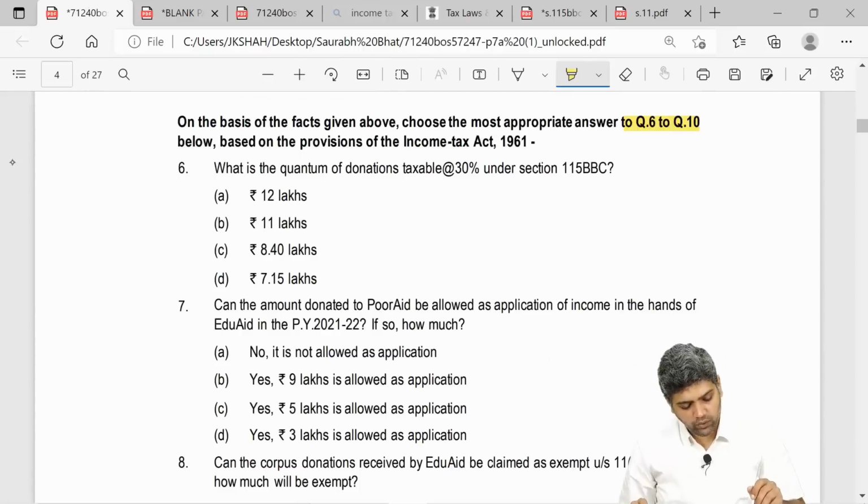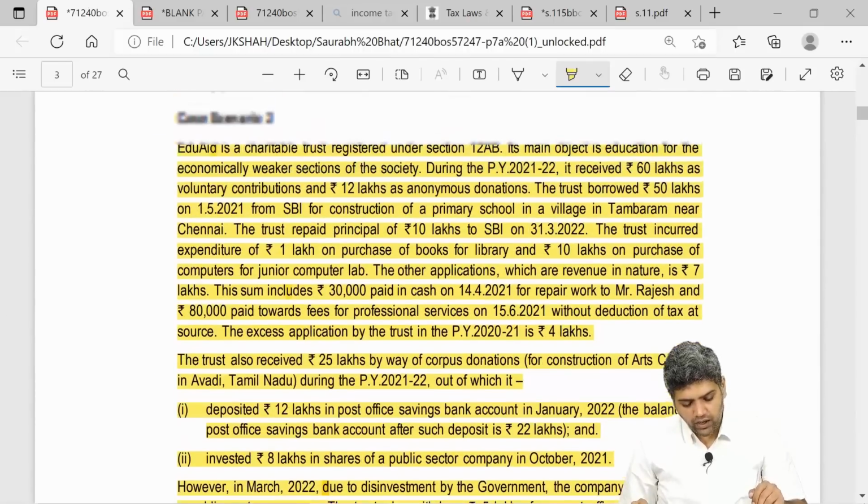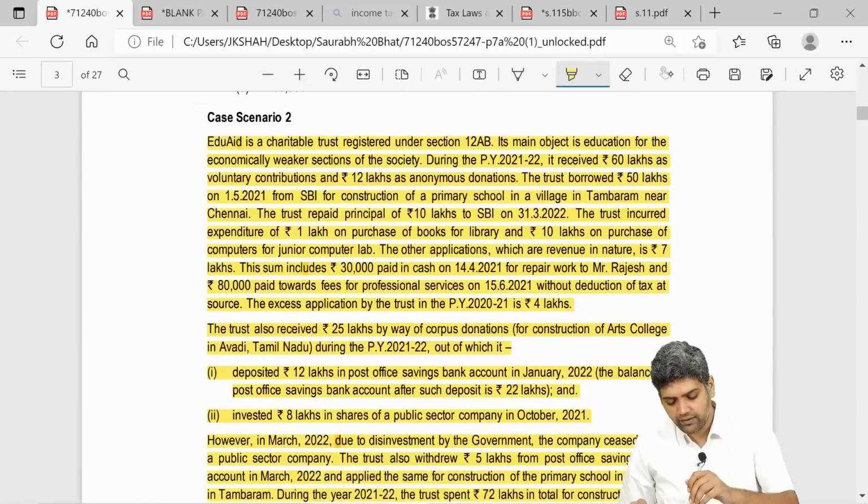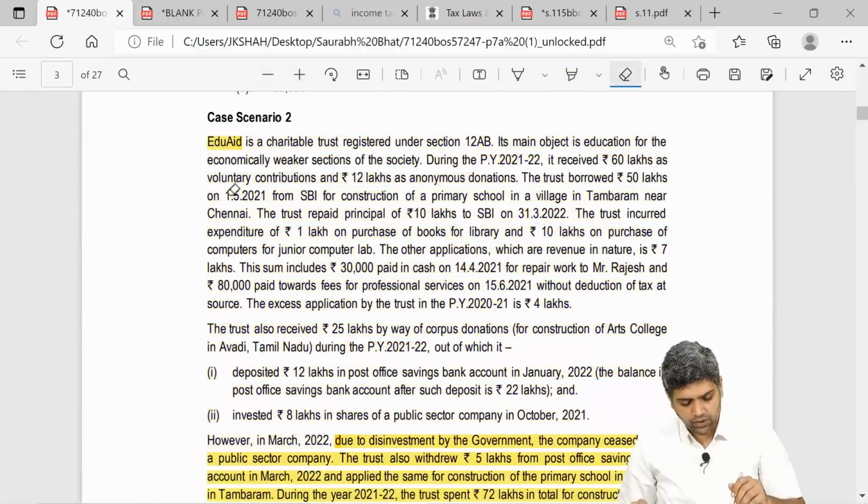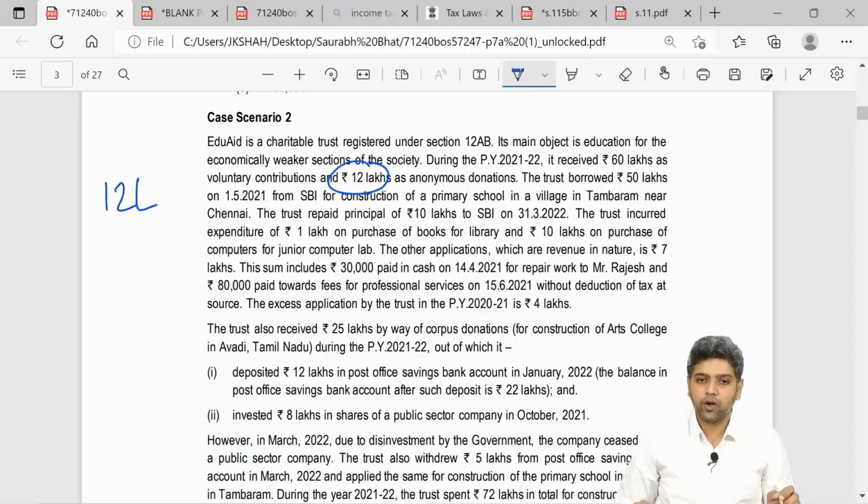Now, if you look at the question, how much is the anonymous donation received by this trust? They have told us anonymous donation received is 12 lakh rupees. Out of that, I have to deduct either 5% of total donation or 1 lakh rupees, whichever is higher.